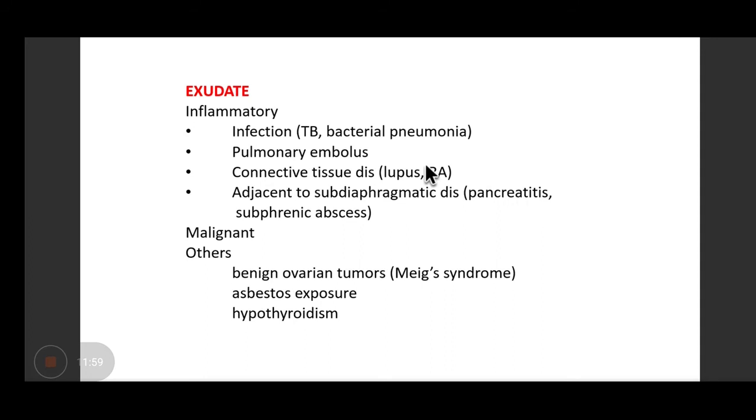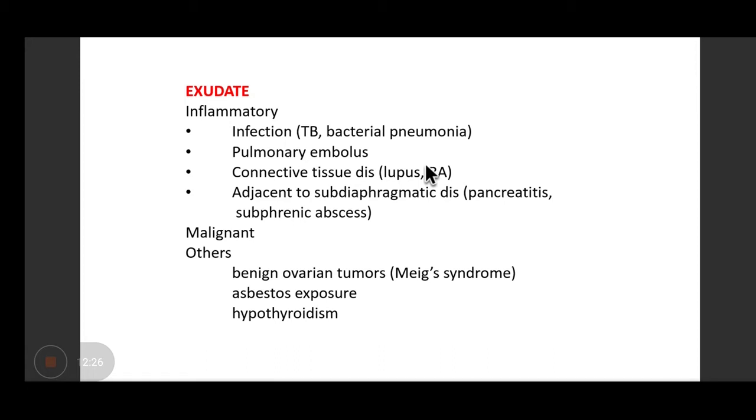Whereas in exudative, what will be there? Inflammatory etiology is there. Most common cause is TB. Okay, and then there are various disorders like connective tissue disorders like rheumatoid arthritis, lupus, and when the adjacent organs are affected like pancreatitis, subphrenic abscesses, as well as malignant tumors. So in tumors, you will see exudative type of pleural effusion.